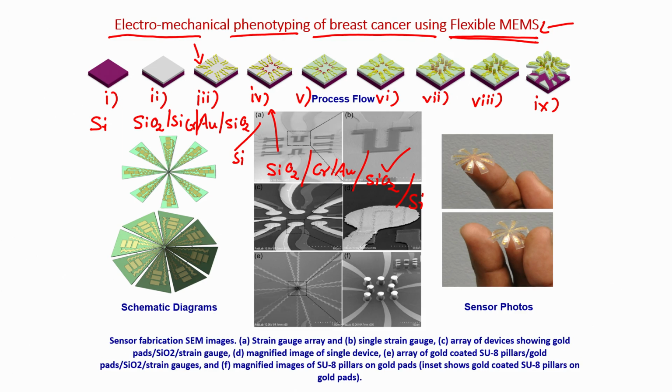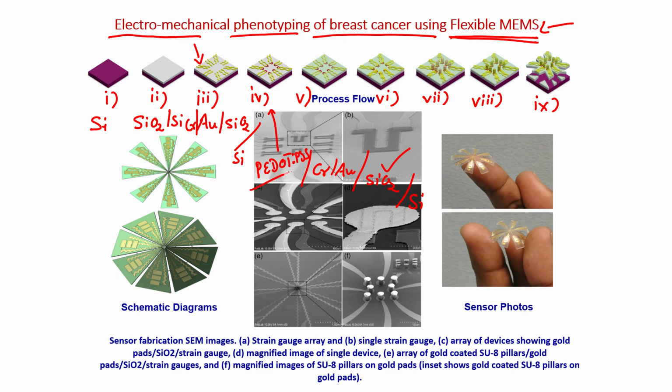Now, in this particular case we have PEDOT:PSS for strain gauge. So, let us see once again: silicon dioxide on silicon, then third step is chrome gold electrodes on silicon dioxide which is on silicon.